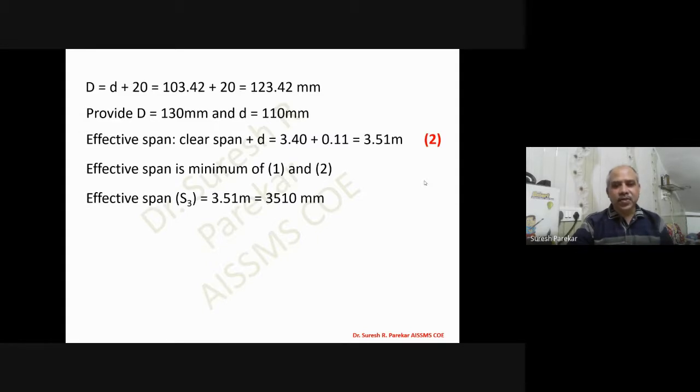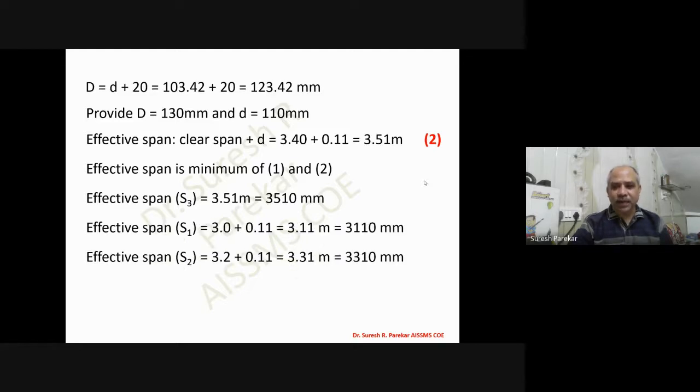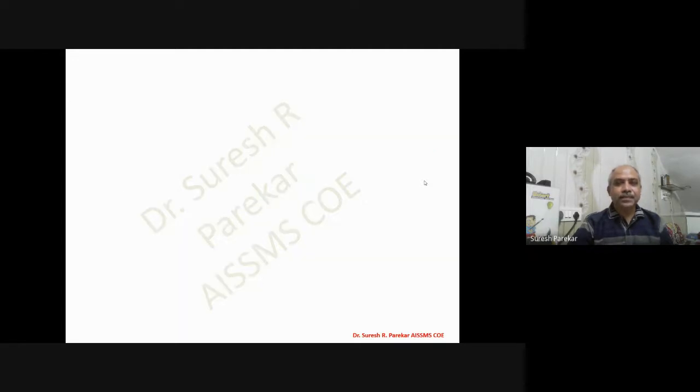Now S1, S2 and S4 we can find by using clear span plus effective depth, because effective depth is less than the width of support, and we will get first as 3.11 meter, second 3.31 meter, third we know that is 3.51, and fourth we have 3.21 meters.